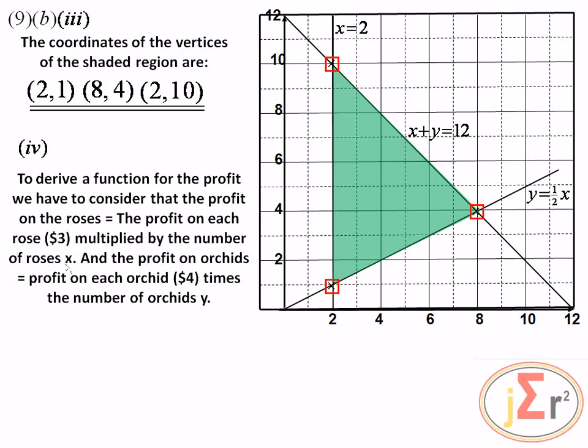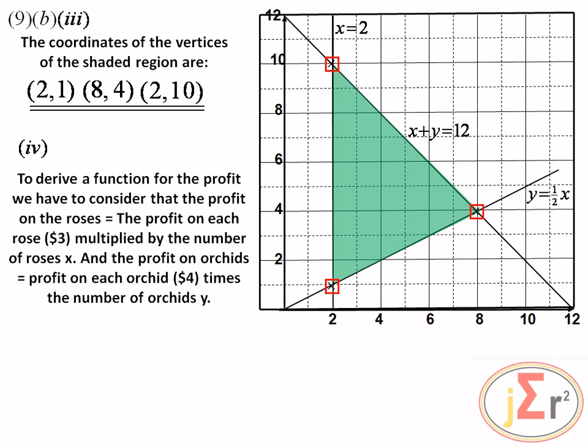The profit on orchids will be equal to the profit on each orchid, which is $4, and we multiply that by the number of orchids, and that is Y. So we have 4Y. Just like in any other thing, if you have pencils and you make a profit of $5 on each pencil, what will be the profit on 50?